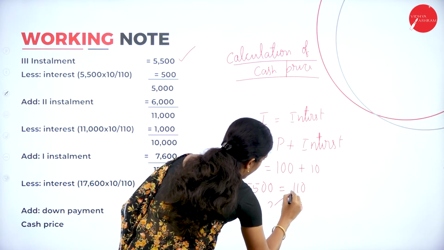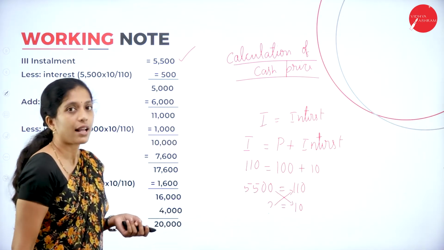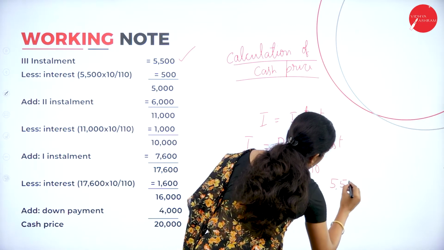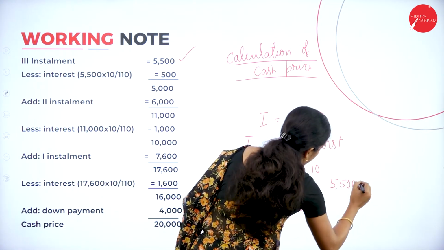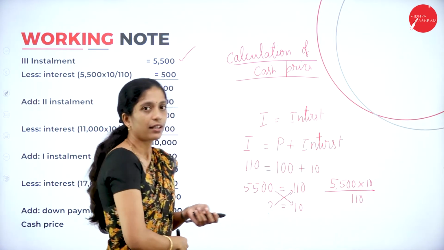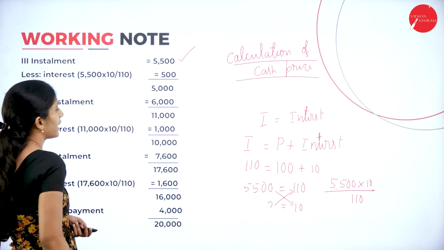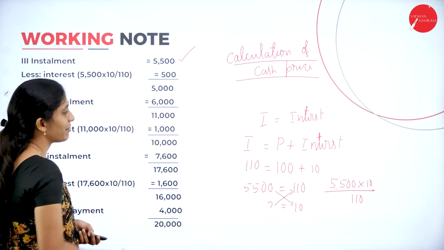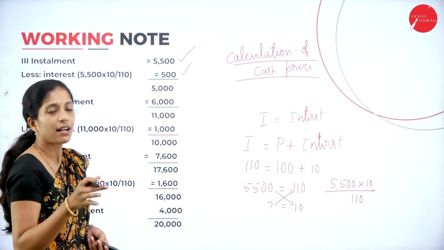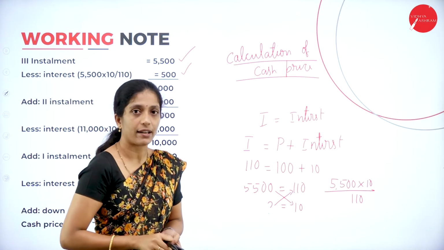So, how to calculate? 5,500 cross multiply into 10 divide by 110. Clear? So, when you multiply 5,500 into 10 divided by 110, you'll get 500. So, this is why we are dividing it with 110, because it is inclusive of interest.